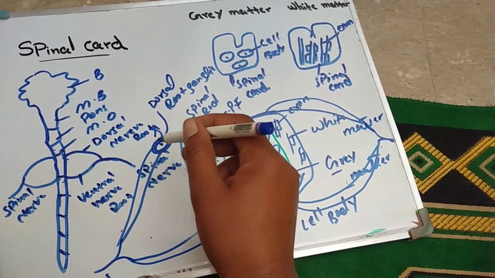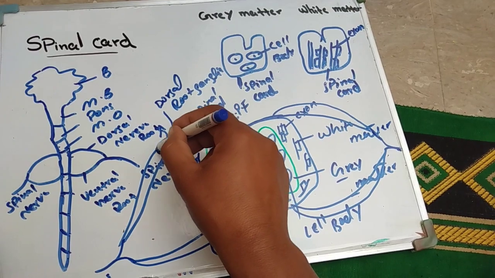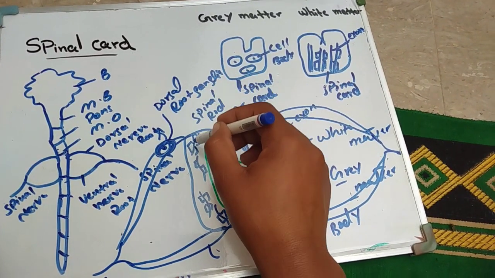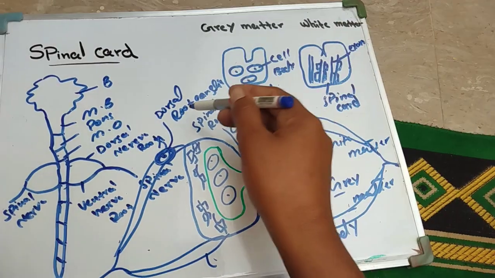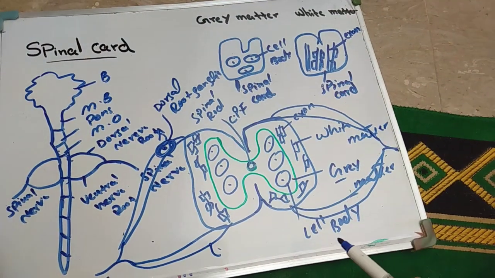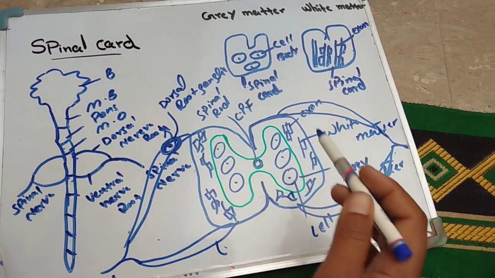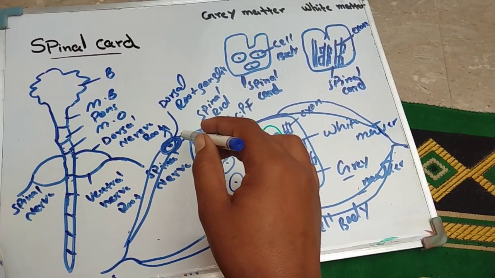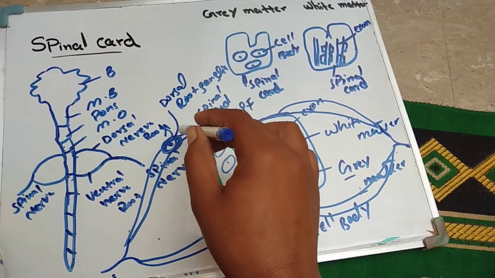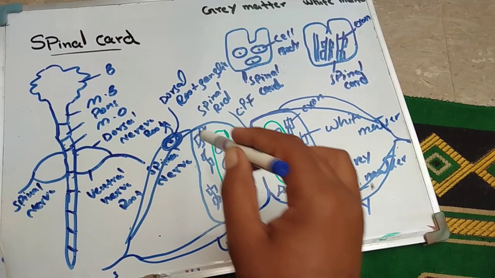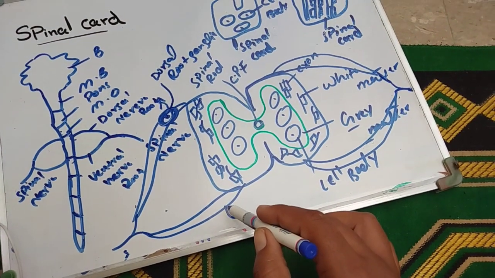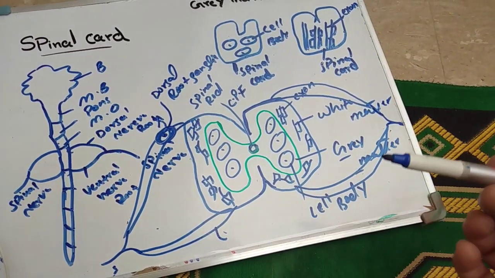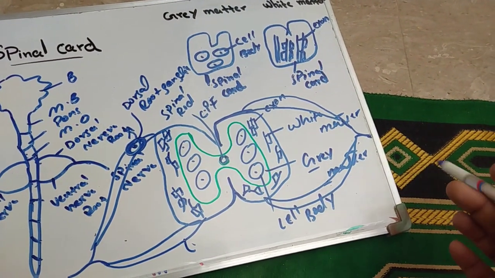Cell bodies are present, so this is called ganglia, and it is present on the dorsal root of the spinal cord. So we name this the dorsal root ganglia. Ganglia is present on the dorsal root of the spinal cord, not the ventral root. MCQs may come in the board exam.